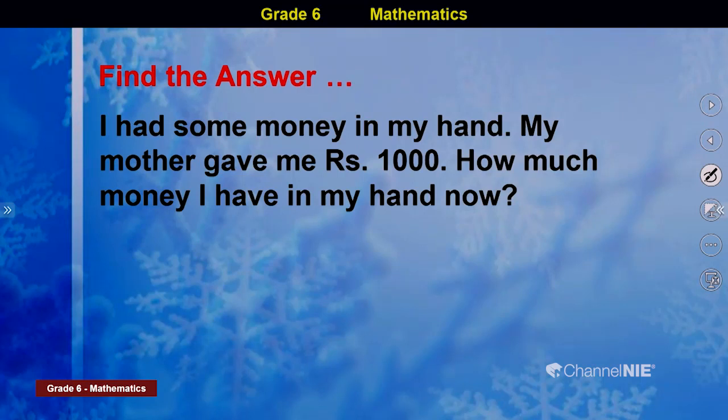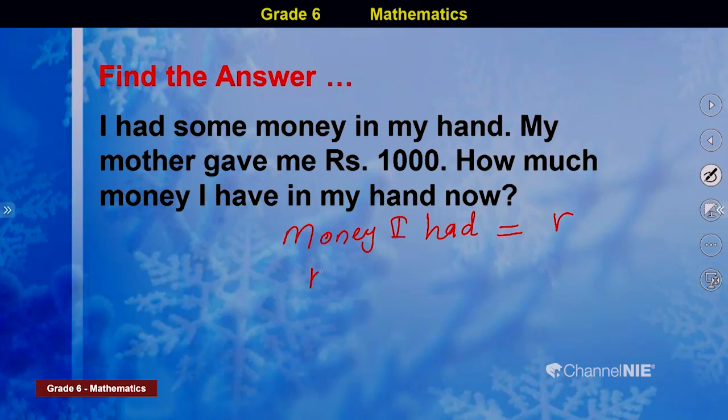I can write money I had as R. I used R. Then how do I find the money I have in my hand after my mom gives me 1,000 rupees?